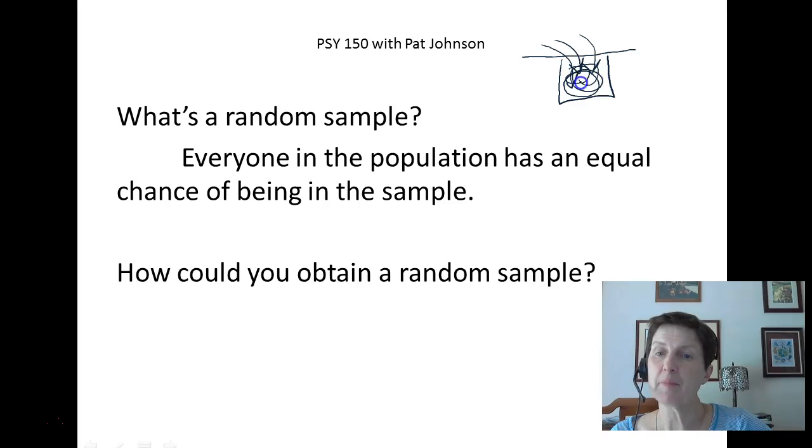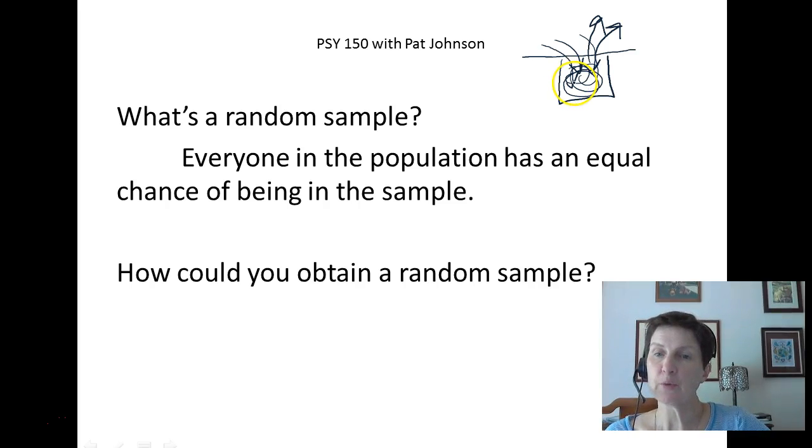Then we mix them up, and we pull out of that top hat as many names as the sample size we want. That would assure that everybody had an equal chance of being picked. If we truly draw those names at random, in other words, if everybody in that population had an equal chance of being picked, then it would be a random sample and representative.